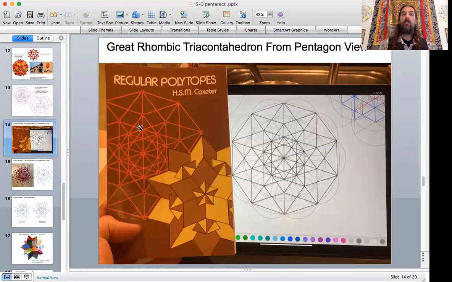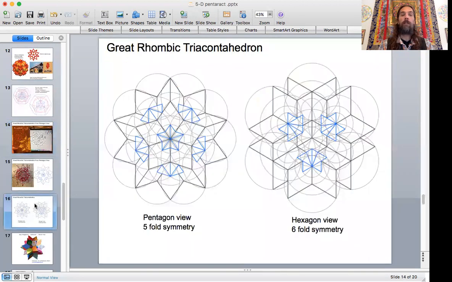And here is Coxeter showing us that this is essentially that. And this is the 3D representation, or one possible 3D representation, of this 5D pentaract hypercube. So that was pretty cool to see the relationship and connection there.